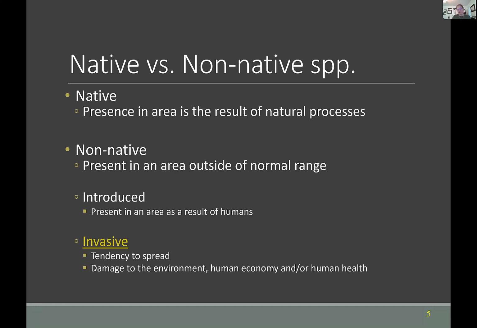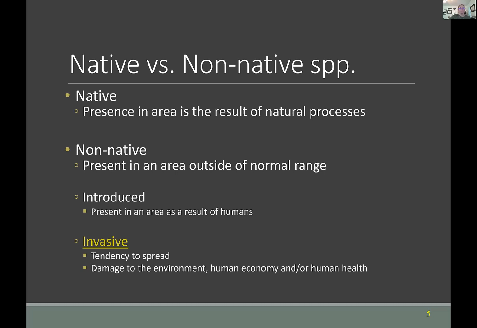Now, on the backside of this is the human economy or human health, right? If we have brought mosquitoes and various parasites and diseases into new areas, which we have done all throughout history, right? We can definitely see how that can affect human health. Human economy kind of goes with the human health, but not necessarily.